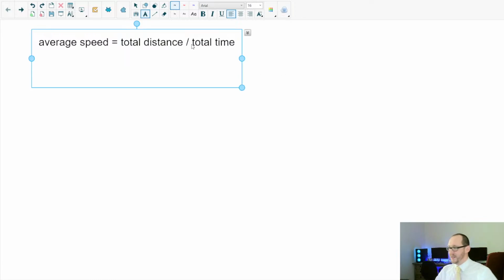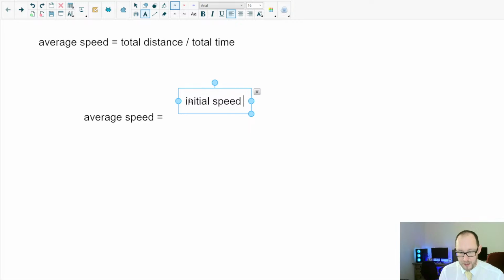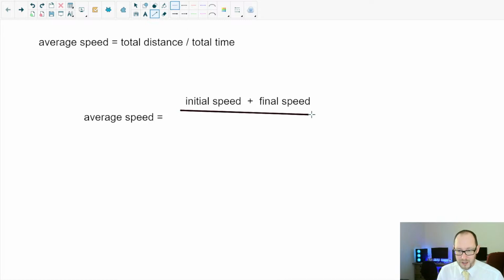but speed equals distance over time is perfectly reasonable to use in an exam. Now the most forgotten equation is equation number 2. If you have the average of any two numbers, we can do the average speed, but it doesn't necessarily need to be just the average speed, it could be anything. The average between two numbers would be your initial speed plus your final speed, and then you would divide that by 2.